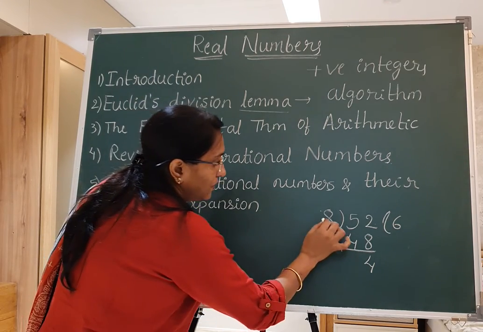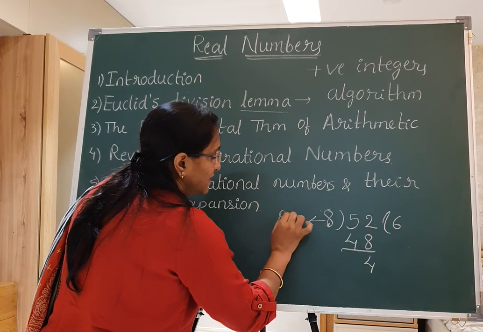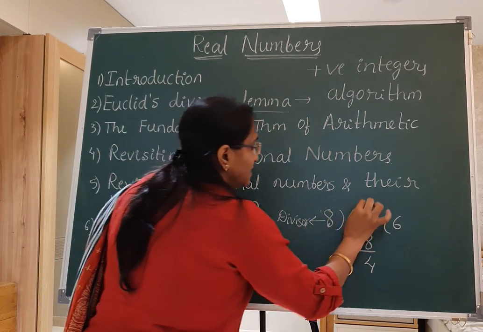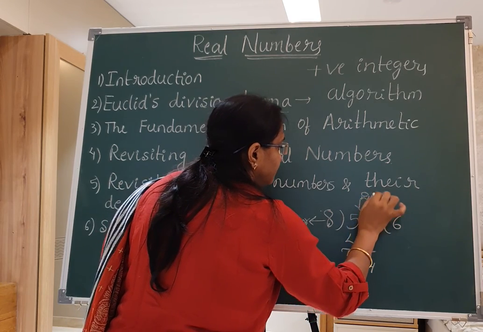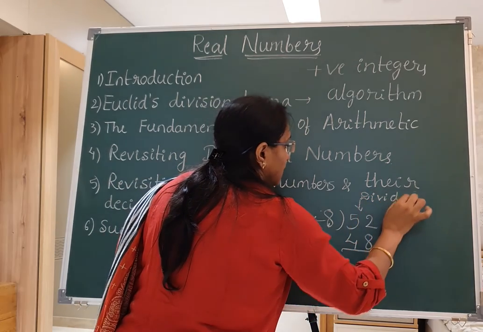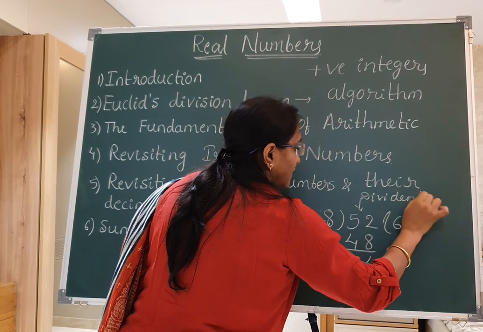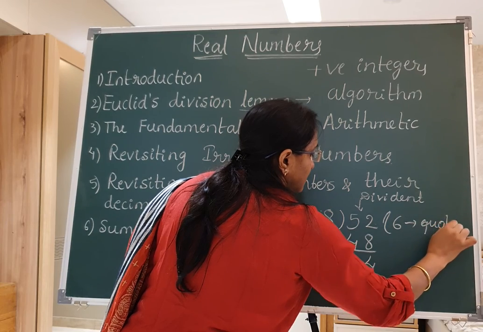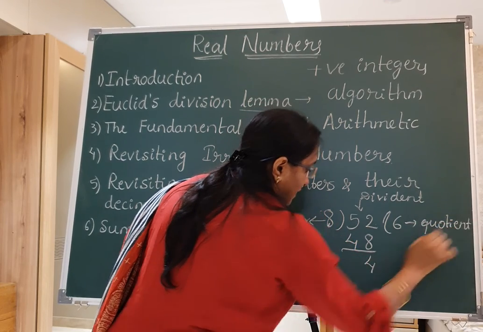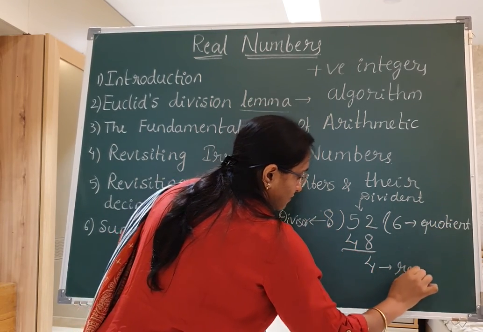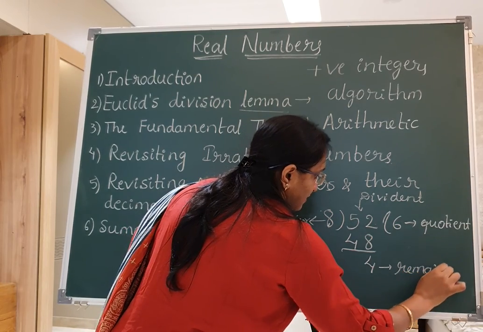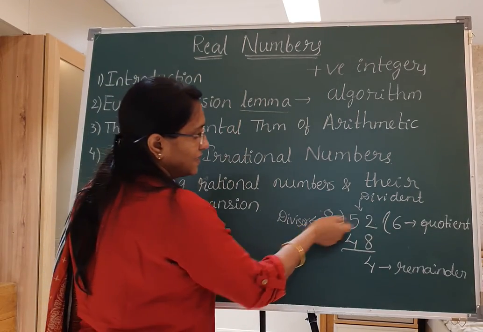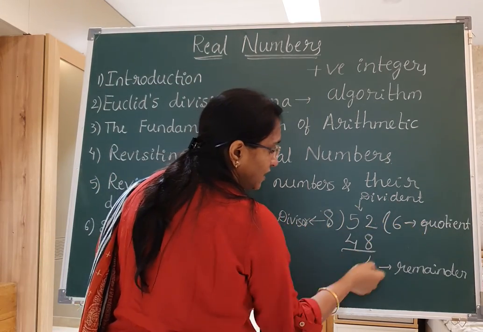This is called the divisor, this is the dividend, this is the quotient, and this is the remainder. With this example, we can easily understand what the divisor, dividend, quotient and remainder are.